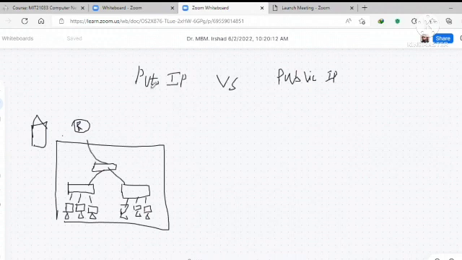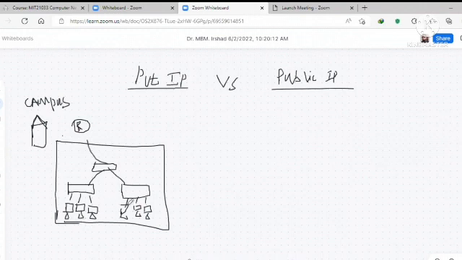This is your organization, the internal organization. Suppose one example of an organization, maybe say one campus. Your campus. So you may have an internal network infrastructure like this.